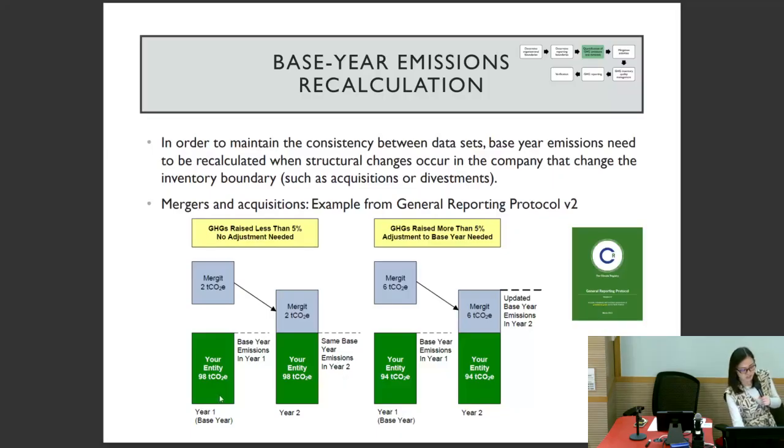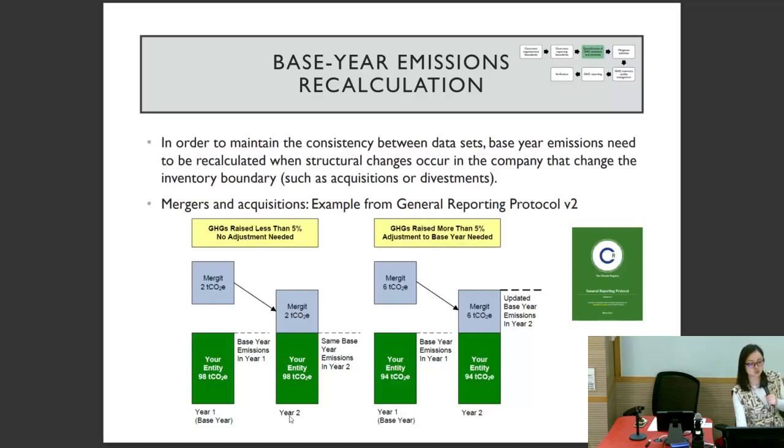So let's say this is the base year emissions. For company A, it has emissions of 98 tons of carbon dioxide. And then for company B, 2 tons. So 2 tons, and then this one 98 tons. So this is company B.